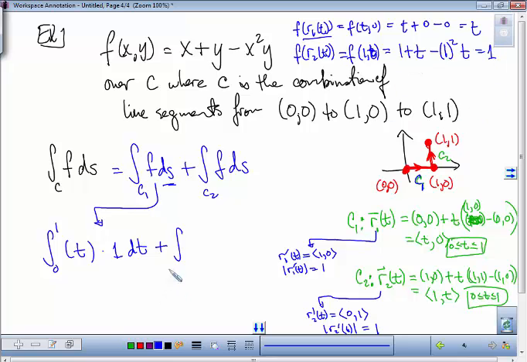T minus t turns out to be 1. And then the ds, again, will become 1 times dt. And this is going to go from 0 to 1 because that's the limits that we got.